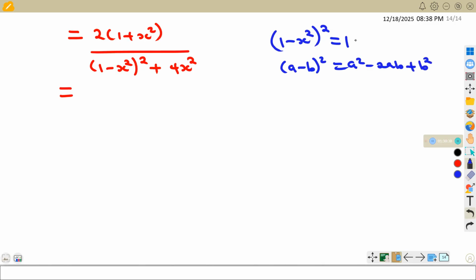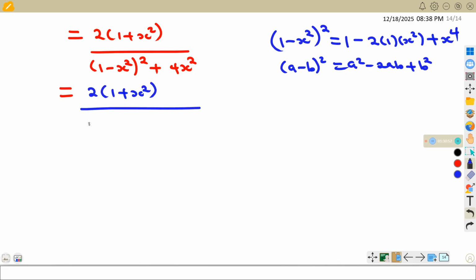So this is 1 minus 2 into 1 into x squared, then again plus x to the power of 4. Which we shall place here. So we shall have 2 into 1 plus x squared divided by 1 minus 2x squared plus x to the power 4, then plus 4x squared. Is that one okay?